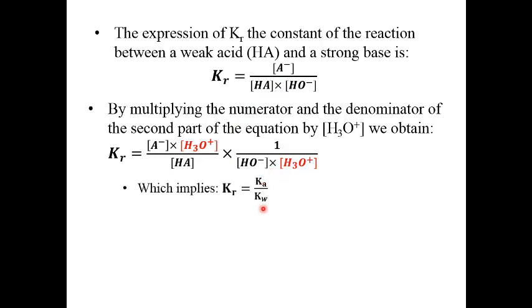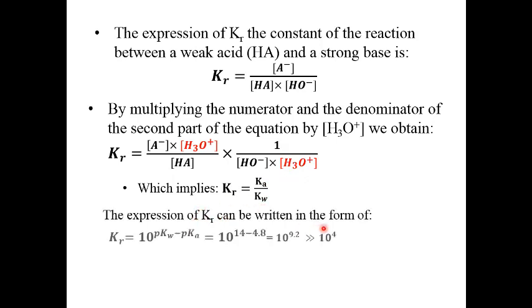This is not something new. The expression of Kr can be written in this form, as seen previously. So you have to repeat this when the question is to determine Kr, as seen in chapter 6. And finally, you will find that Kr is equal to 10 exponent 9.2, which is much greater than 10 to the exponent 4. Thus, this reaction can serve for titration because it is complete.